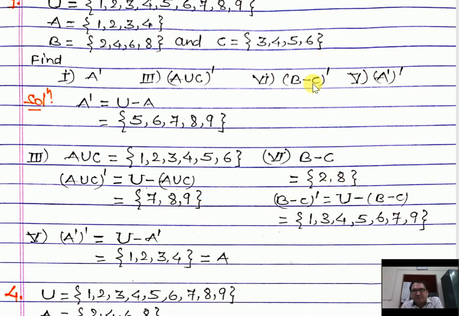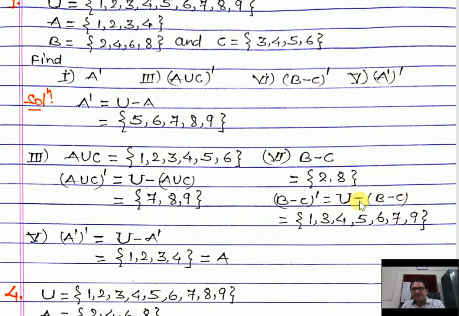Sixth, the complement of B minus C. So first you find B minus C, all elements of B which do not belong to C. So 2, 4, 6 are common in both B and C, so you have to remove them. Now the complement of B minus C is U minus (B minus C).